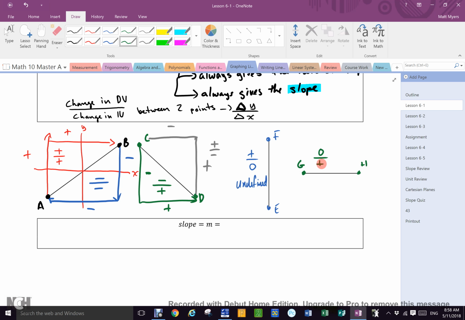I have no pizza. Do you want half? Here you go. How much pizza do you have? None. You with me? This is what we call a 0 slope. Why? Would that be a very fun slide?